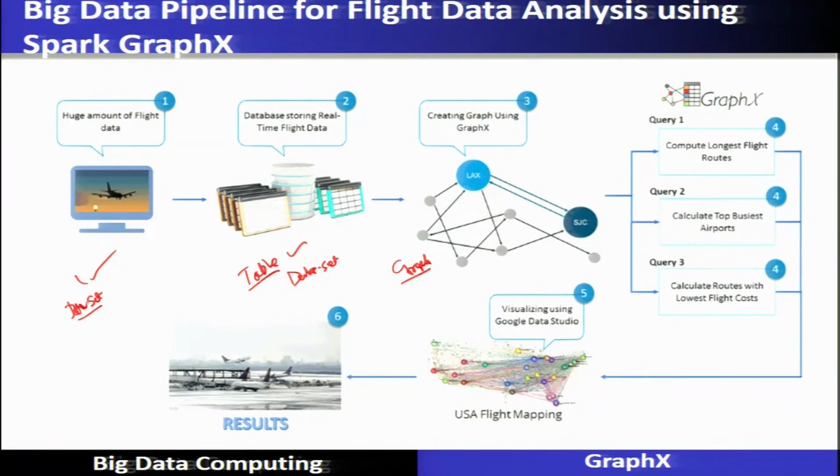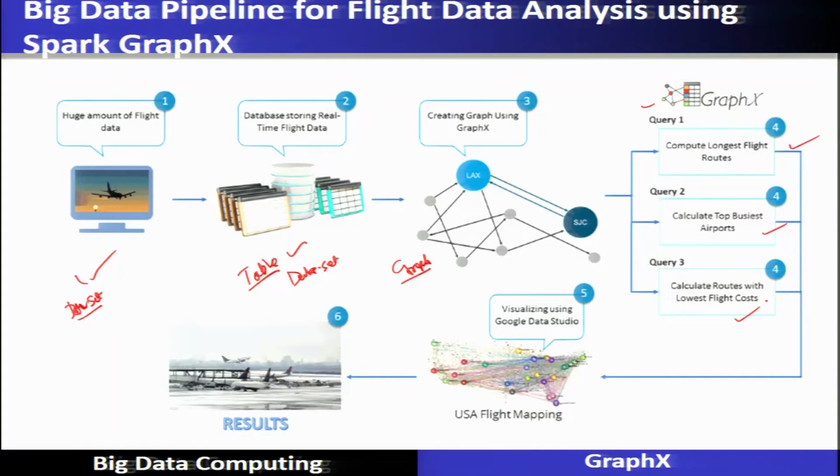After creating the graph, we can apply various queries based on graph algorithms. The queries are: we can compute the longest flight routes, the top busiest airports, or the routes with the lowest flight costs.